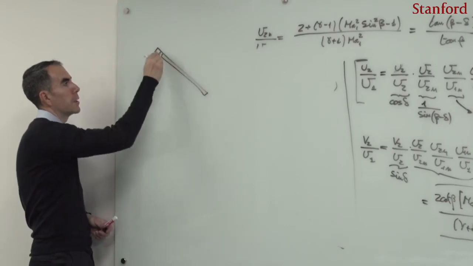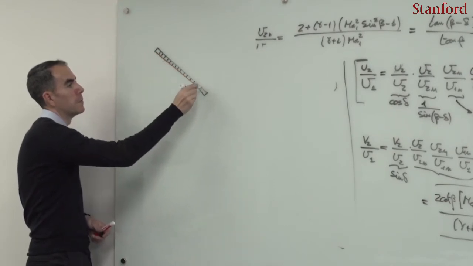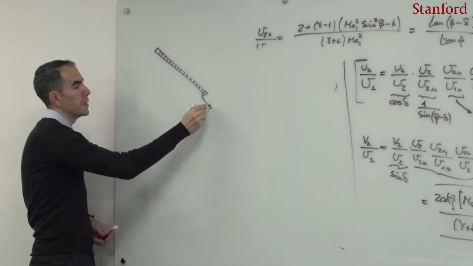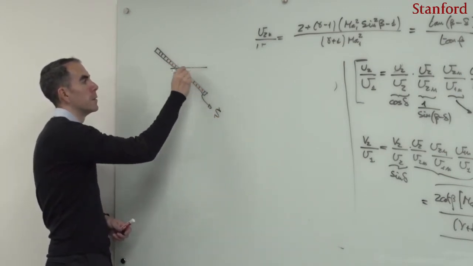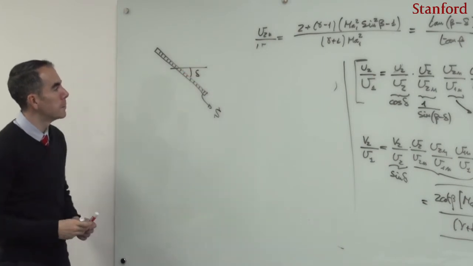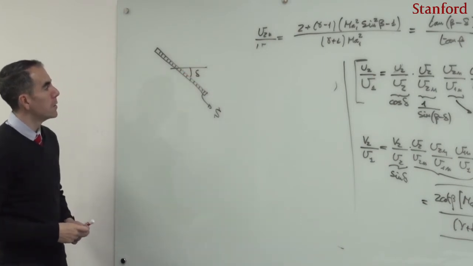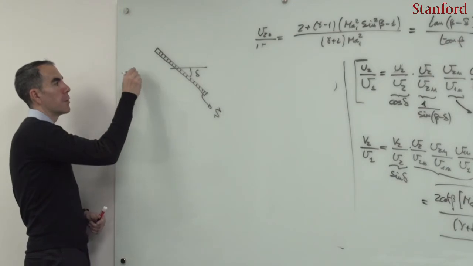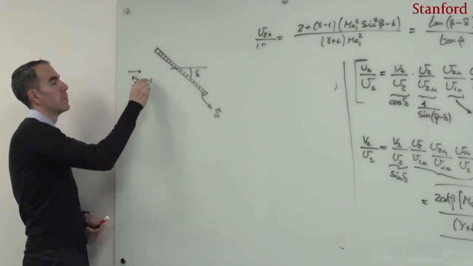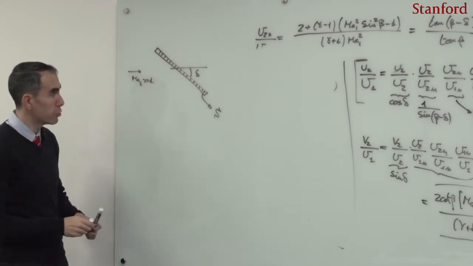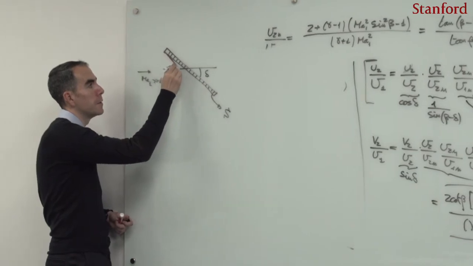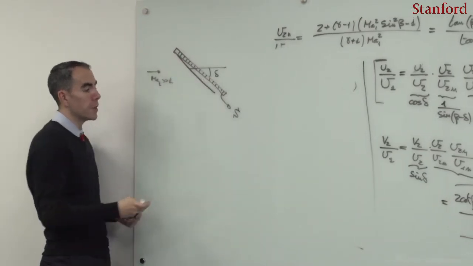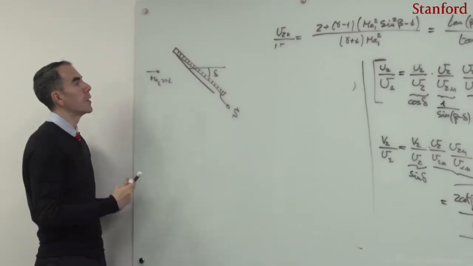Imagine here that I have this flat plate, and it has a surface S, and it's inclined at a local angle delta. So here I'm going to have again a high Mach number. As a result, one is going to have a shock wave like this, close to the plate where the gas is hot.